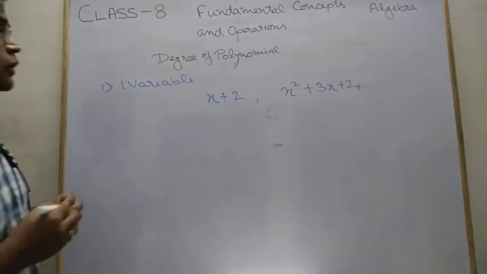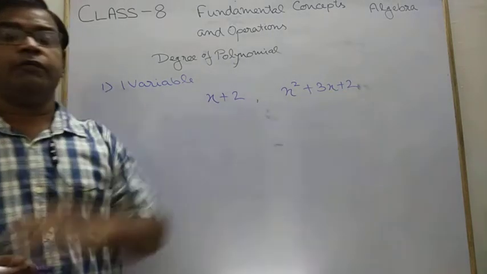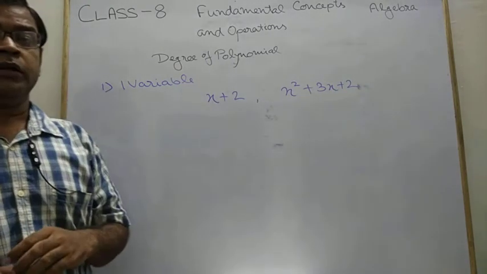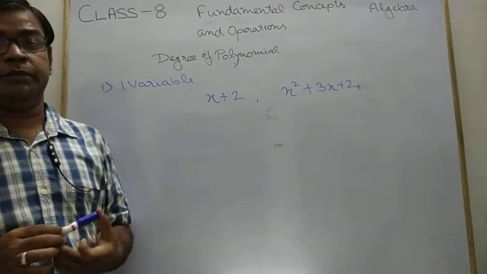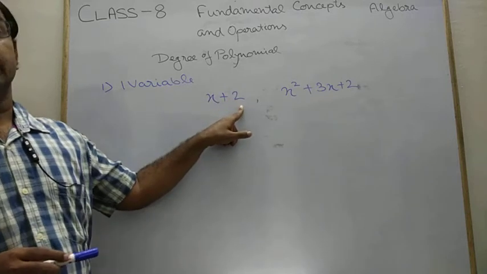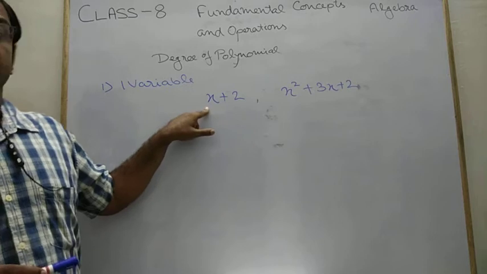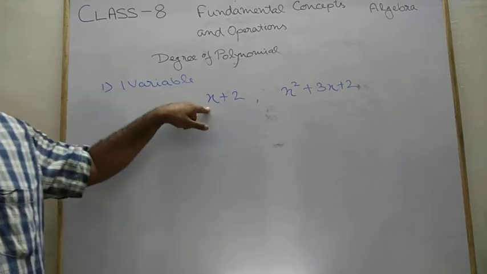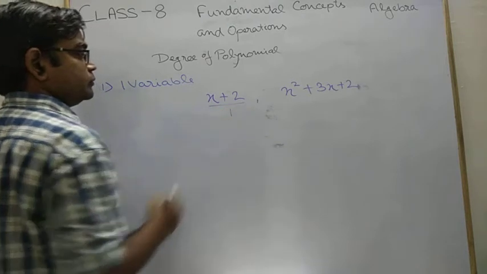In this case we have only one variable, x. So what is the degree? Degree is the highest power of the variable in the given expression. In x plus 2, the highest power of x is only 1. So the degree is 1.